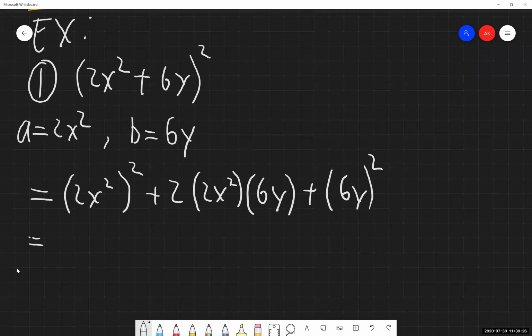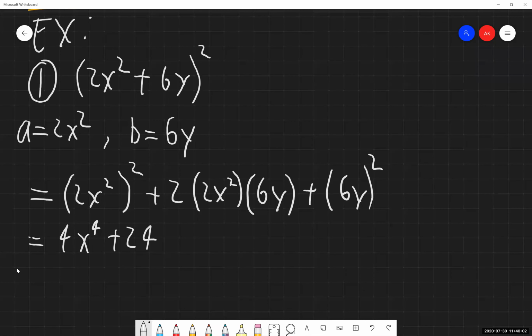So 2x squared to the second power, working with the numbers, 2 squared is going to give me 4. x squared to the second power, that's using our power rule from 6.2, that's going to give us x to the fourth power. Center term, we have three things multiplying together: 2, x squared, and 6y. So I'm going to multiply the numbers together first. 2 times 2 gives me 4. 4 times 6 gives me 24.